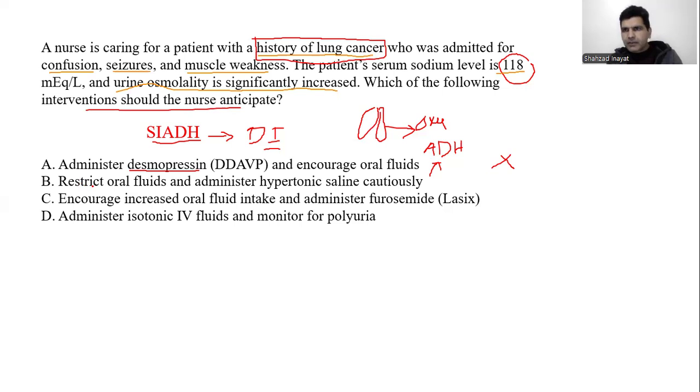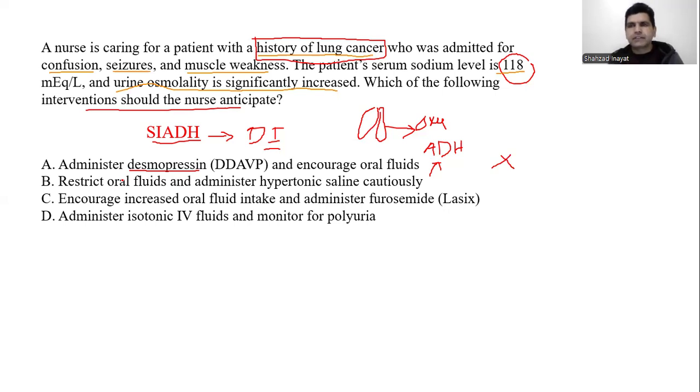So let's read the second one. The second one says restrict oral fluids and administer hypertonic saline cautiously. In SIADH, there is an excess amount of fluid in the body.